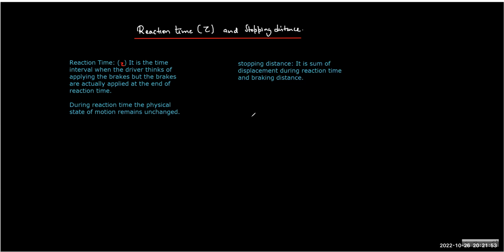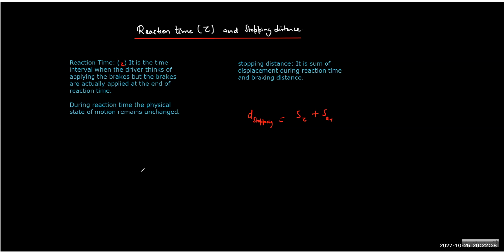So stopping distance is displacement in tau plus displacement with retardation. You can think this way or you can write this way. What I said is that during the reaction time, the physical state remains constant. What is the meaning of physical state? The way you were driving will remain unchanged.